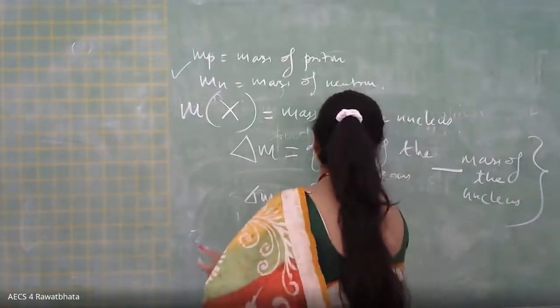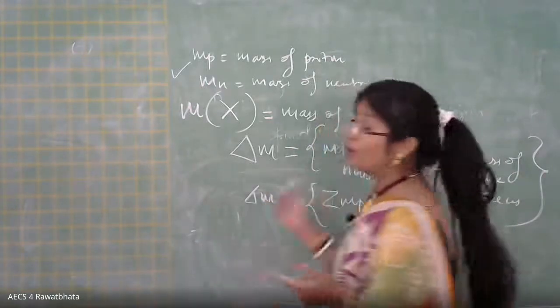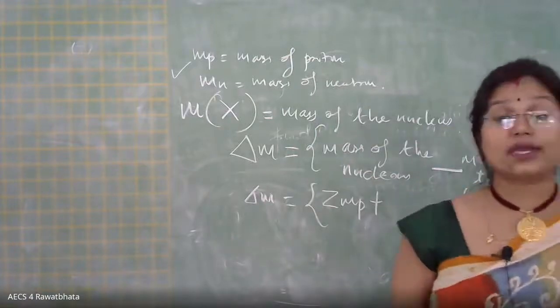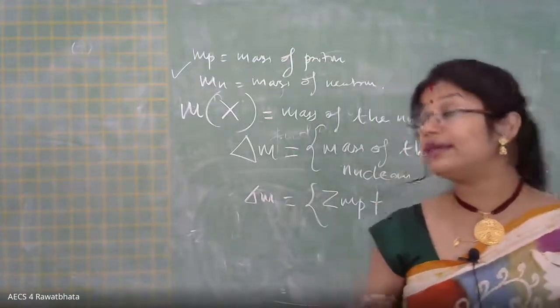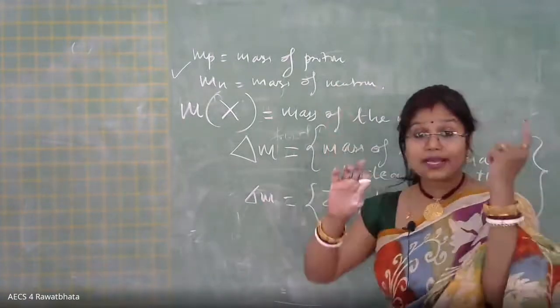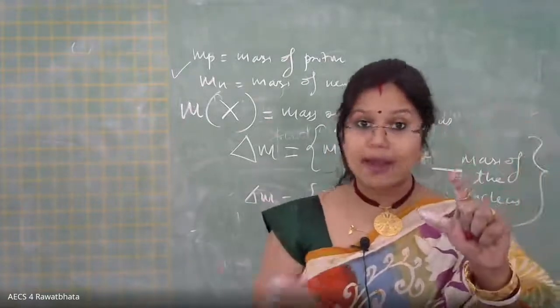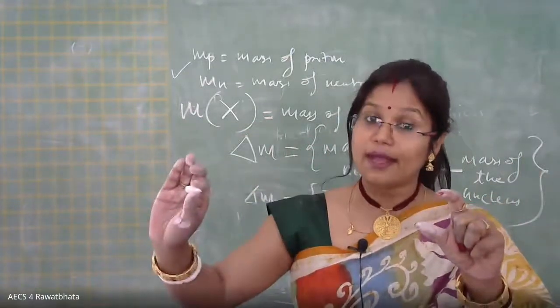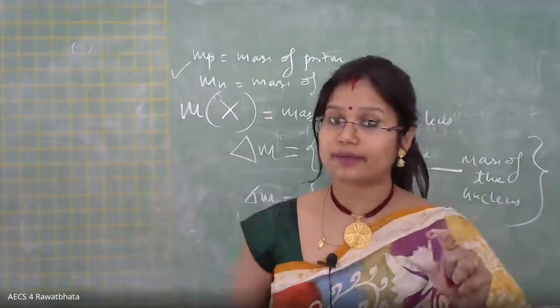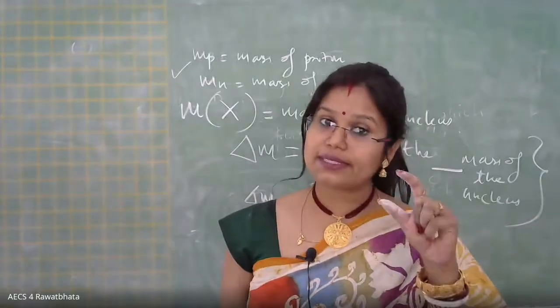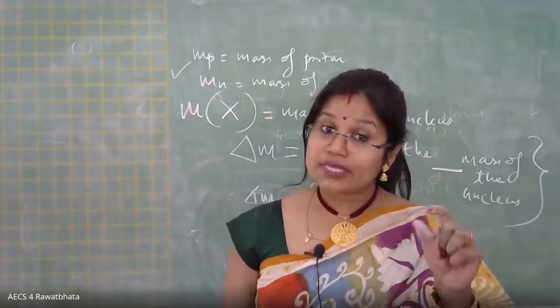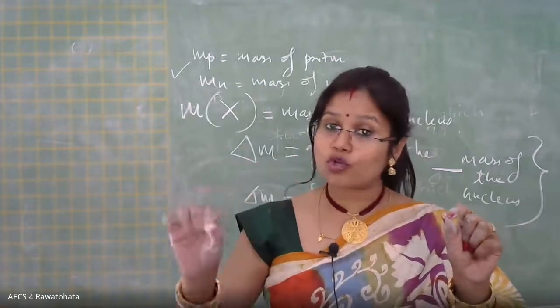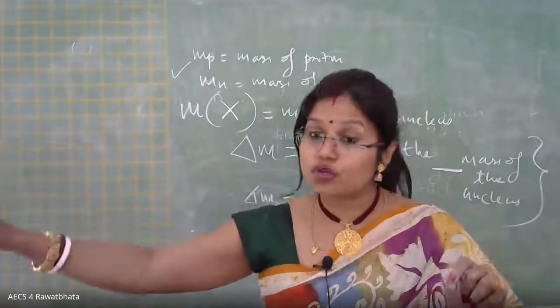ZMP, plus one more nucleon we have, the neutron. The atomic number is Z, mass number A. So the number of neutrons, if atomic mass number is A, which is equal to number of protons Z plus number of neutrons.